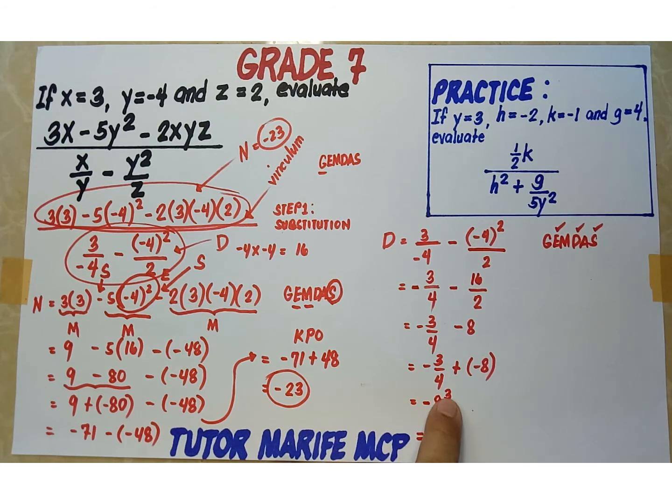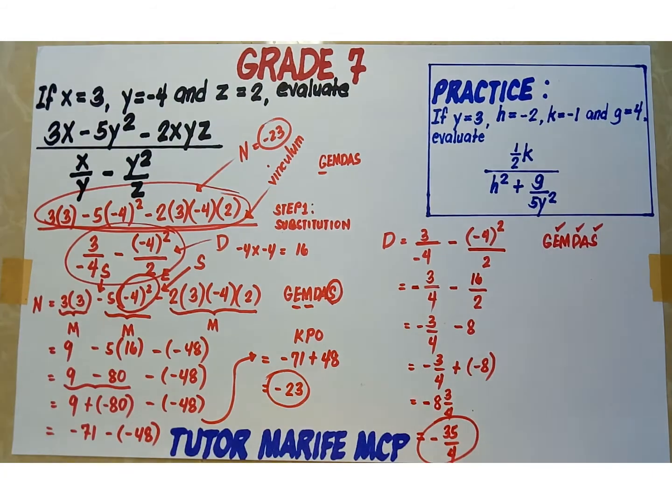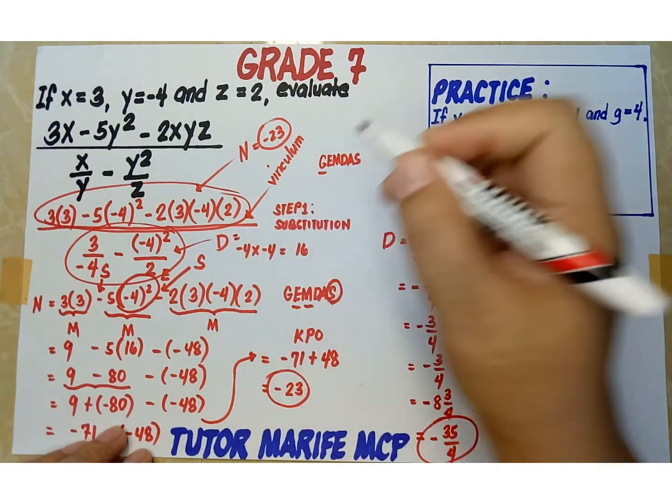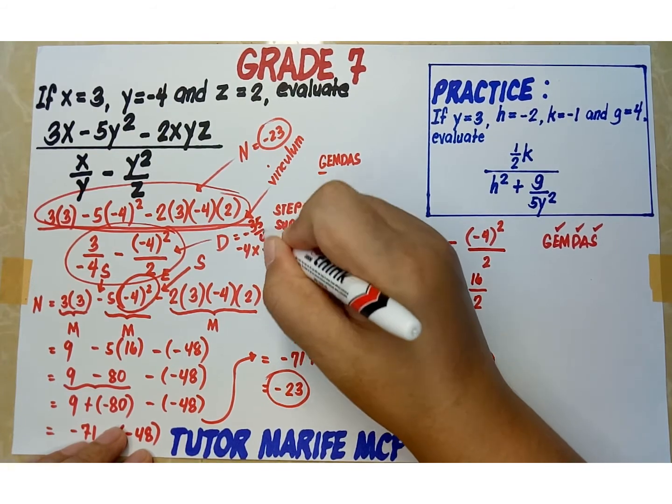Add it to 3, 35. 35 will be your numerator. Copy the denominator. This is our denominator. Yan. So, this is negative 35 over 4.